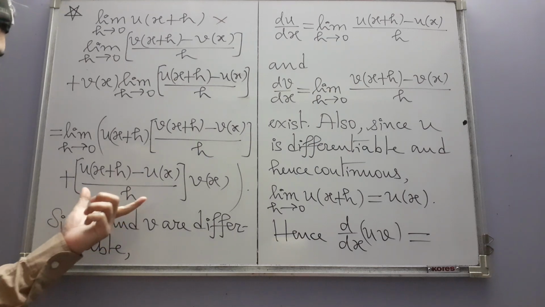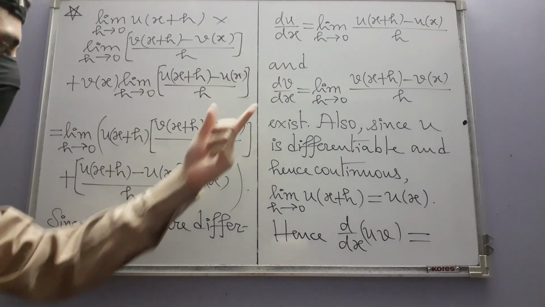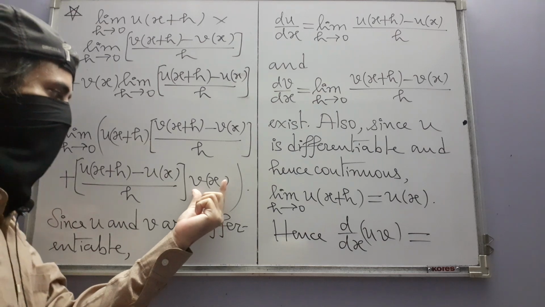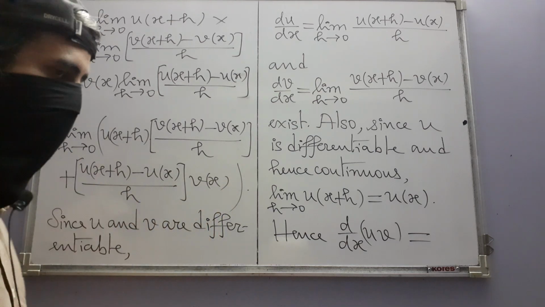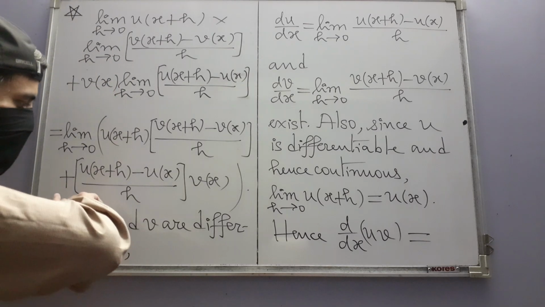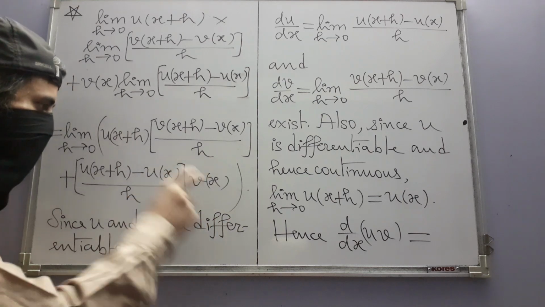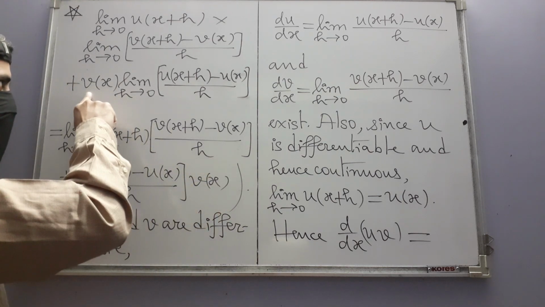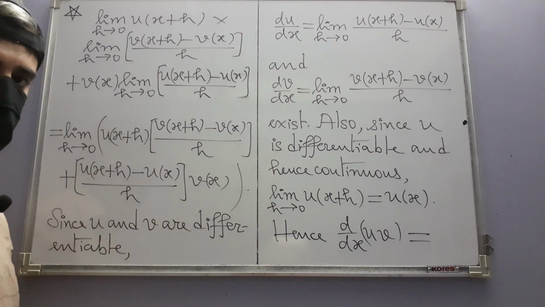Similarly, here you see a function whose limit exists and it's multiplied by an expression which is constant with respect to the variable h. And that's why the limit of this product also exists and is equal to that constant times the limit of the function.